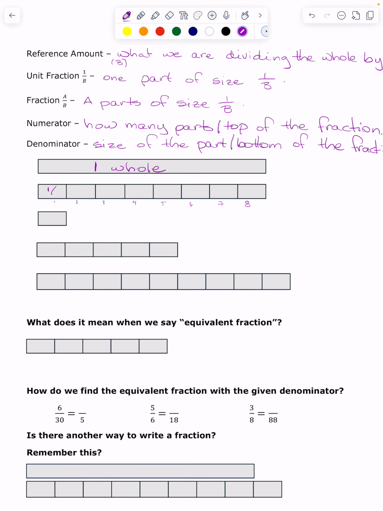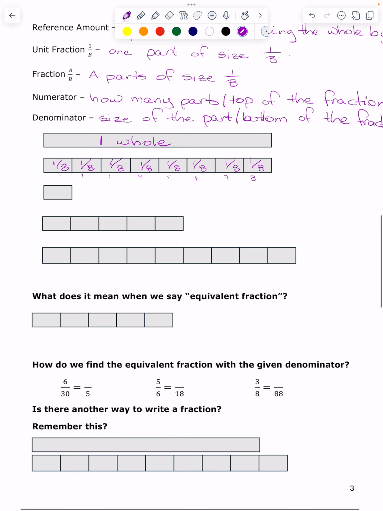Each of these pieces is 1/8 of the whole. So this, I got 8 pieces of size 1/8. That gives us our 1 whole.